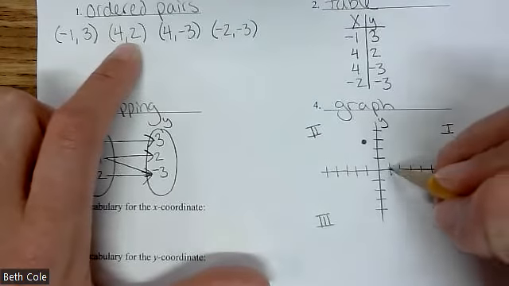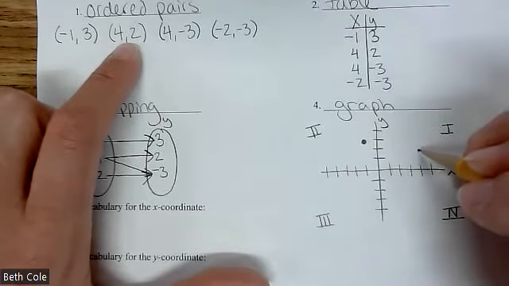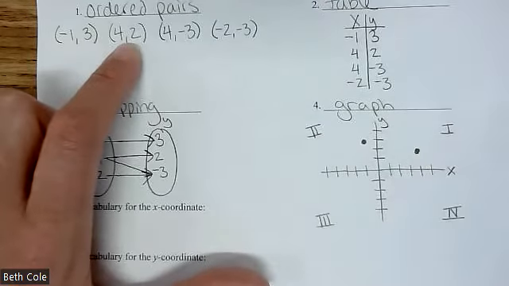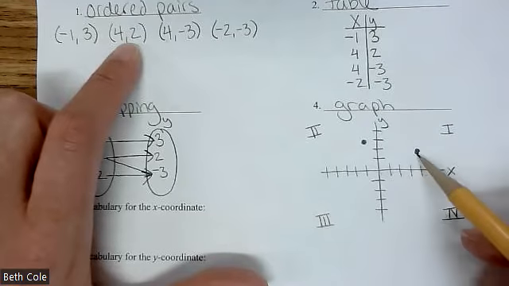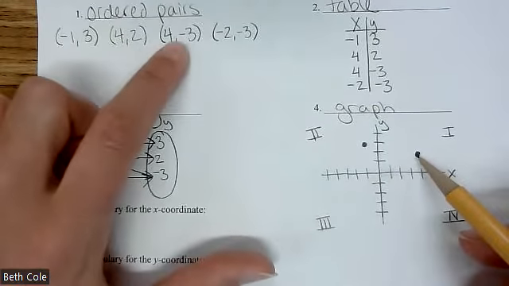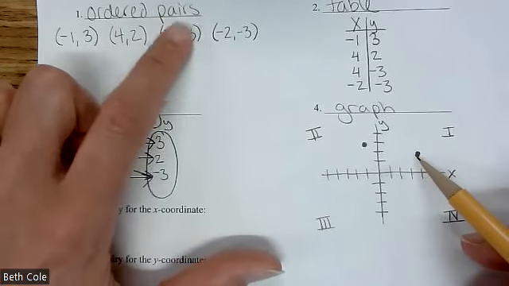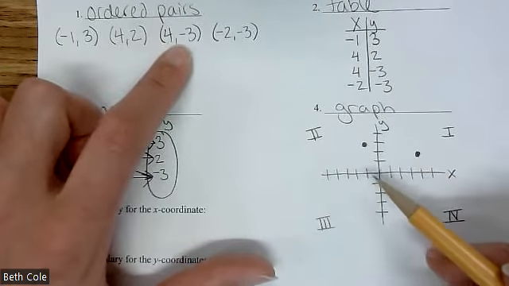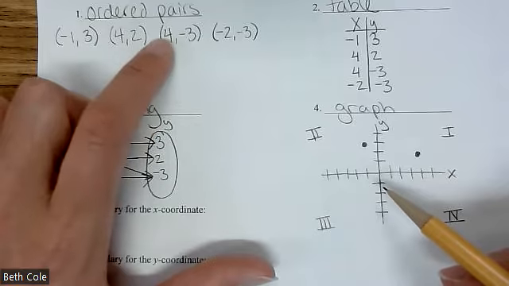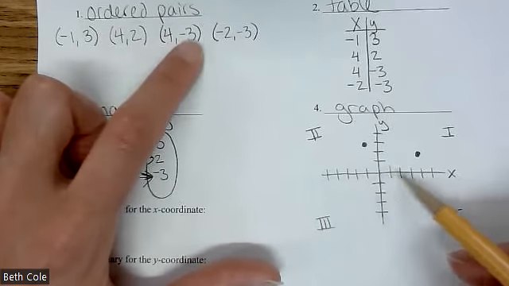1. Good. You would go 4 on the x-axis, 2 on the y-axis. So 4, 2. What quadrant would 4, -3 be in? You would go 4 for x, -3 for y. 4, good.